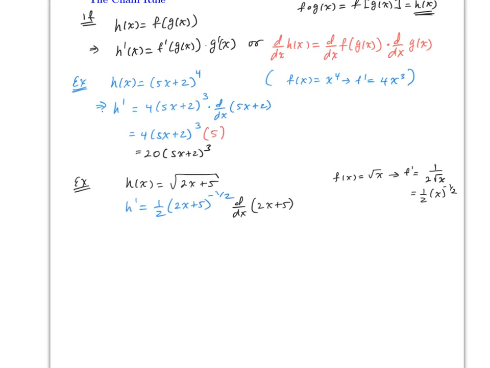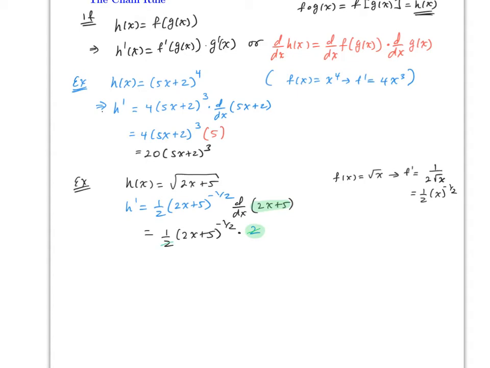Well, what is the inside? This time it's just 2. So it will be 1/2 times (2x plus 5) to the negative 1/2 times 2. So this just gives you this part. And in this particular case, this will cancel this one.